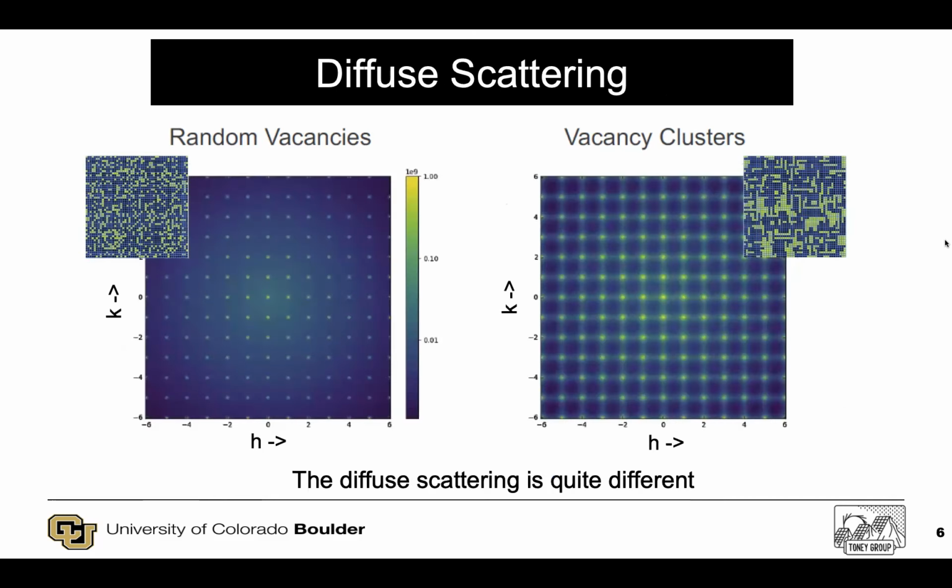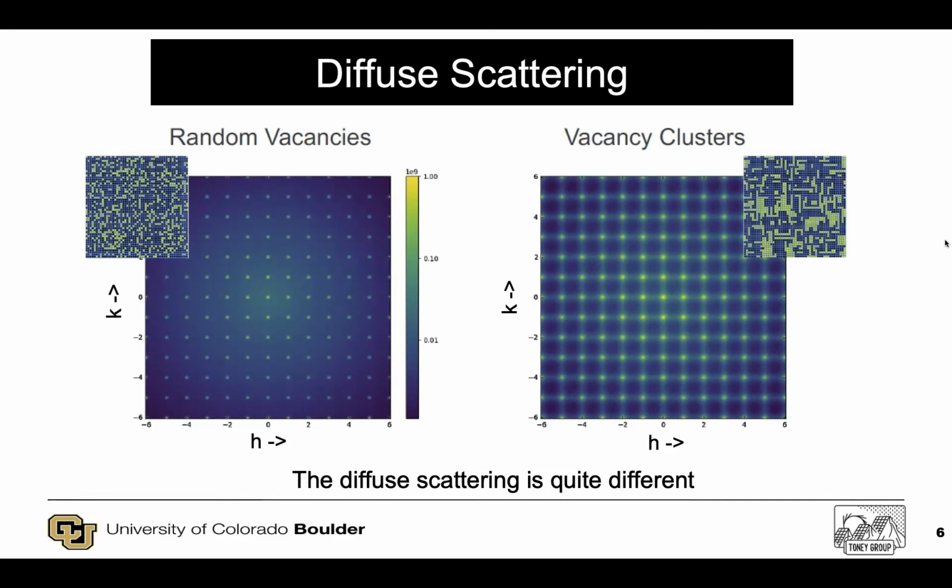So what I'm going to do now is say that we are not focusing on the Bragg peaks in the diffraction patterns, but focusing on the diffuse scattering, the scattering in between the Bragg peaks, if you want to think about it that way. If you look on the left side, the random vacancy case, we see this kind of broad modulation about the origin, which is due to individual atoms being removed at random.